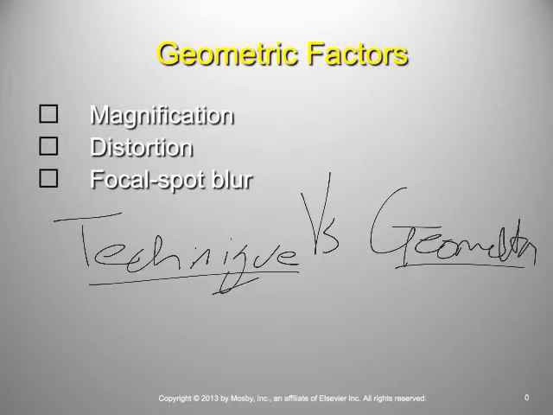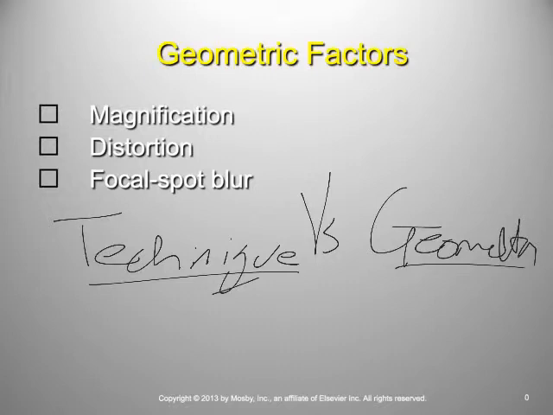So bear in mind, if I'm talking about tilting the image receptor, I'm going to elongate the way this thing looks. If I tilt the anatomy, I will shorten the way it looks. All right? There will probably be a question about that.